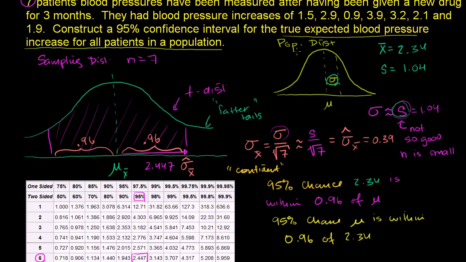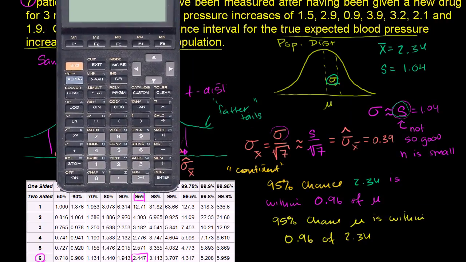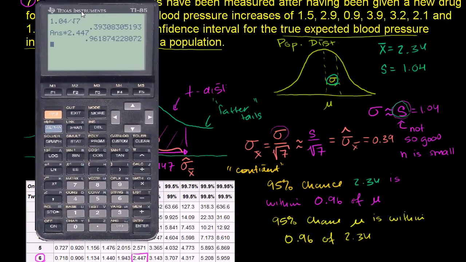So at the low end, 2.34 minus 0.96 is 1.38, the low end of our confidence interval. And the high end, 2.34 plus 0.96, is equal to 3.3. So our 95% confidence interval is from 1.38 to 3.3.